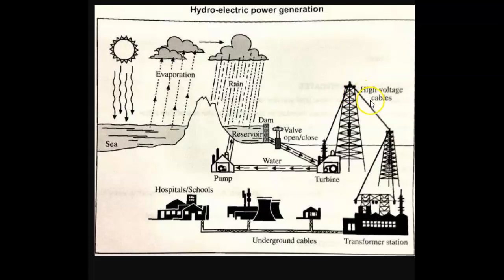It then passes through to the transformer station, which then distributes, which is another really great word for task 1, distributes the energy to homes, factories, and hospitals and schools.